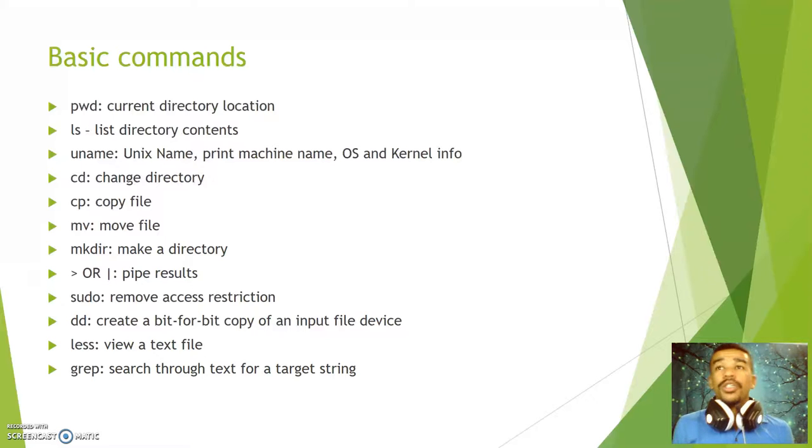There is the uname command, which is quite useful because this Unix name is a more human understanding of what the command actually means. It will print out detailed information regarding the machine name, the operating system, and the kernel information that are being used by the current machine. So this will be useful for getting to know your machine and what requirements will be needed for it.